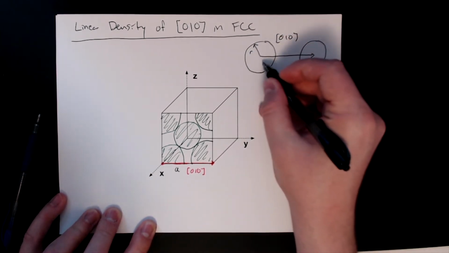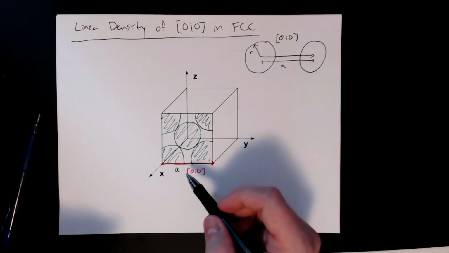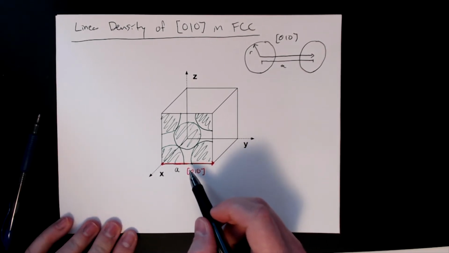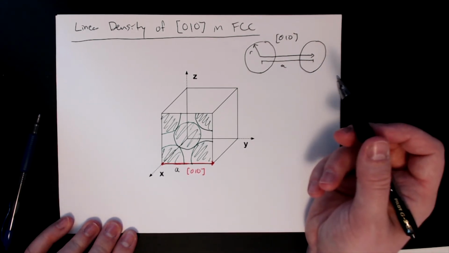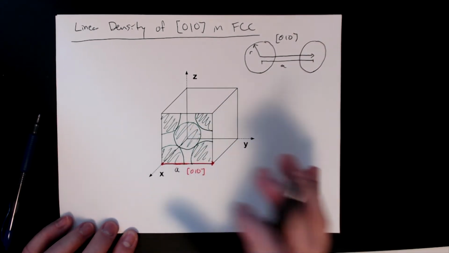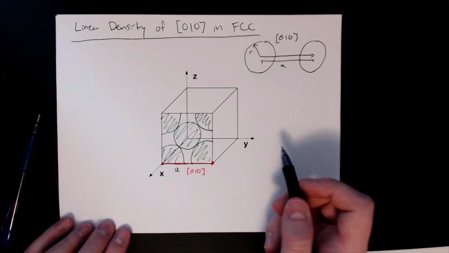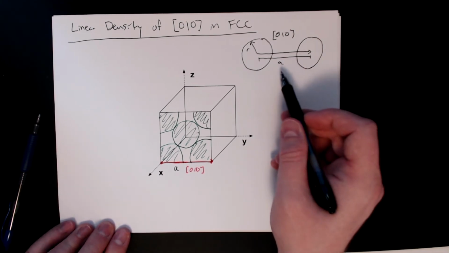And then from here to here, that length is A. So from these space filling models, you should already be able to tell that there's a gap space here, right? So A does not equal 2R like it did in the case of the simple cube, because this is kind of expanding things out. So we know the length of the direction within the unit cell is A. So that's the second part.